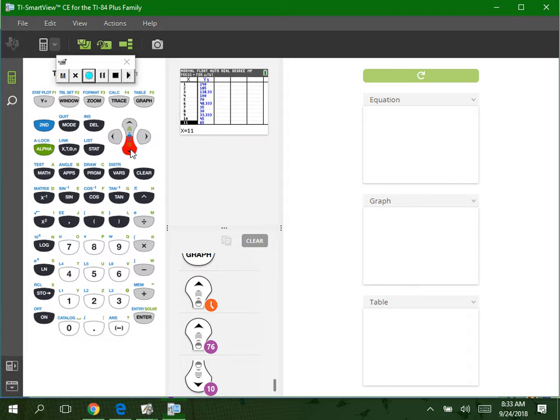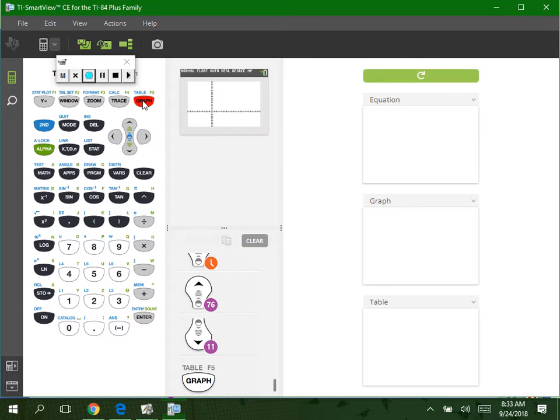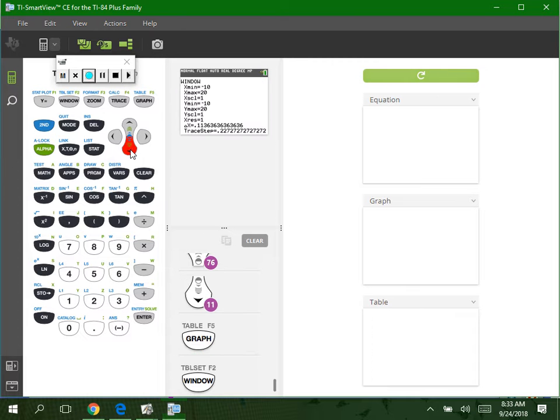Okay, another way to do that is to hit graph. Now my window might not be appropriate. So might want to do a little window a little bit higher. Let's go all the way up to 100, not 1,000.